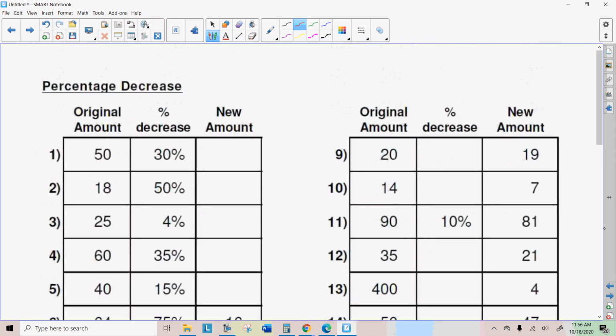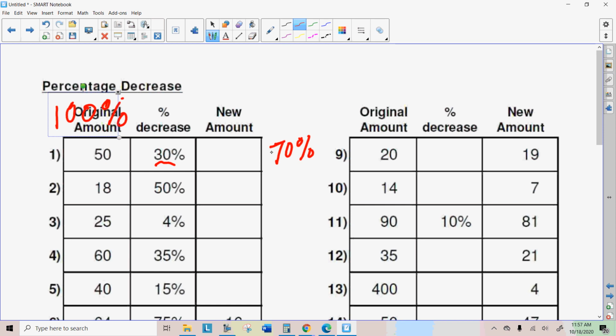All right, now let's talk about decrease, percent decrease. So our original amount, again, that's 100%. If we decrease by a certain percent, we're actually going to have less than the original. In fact, I'm going to tell you, so think about what you have, that your new amount in this first problem will be 70% of the original.